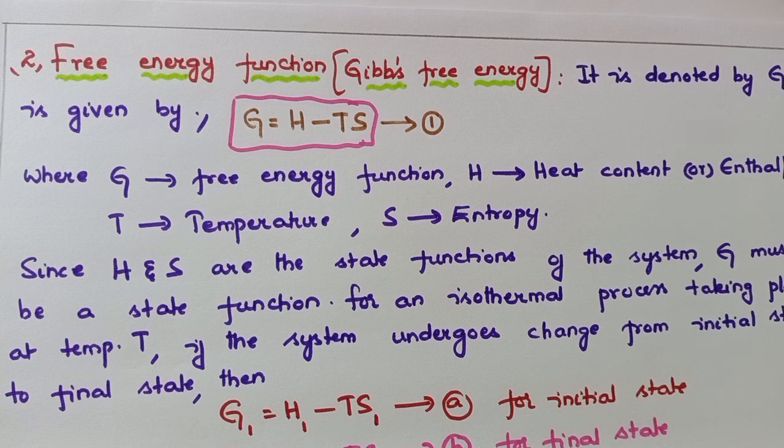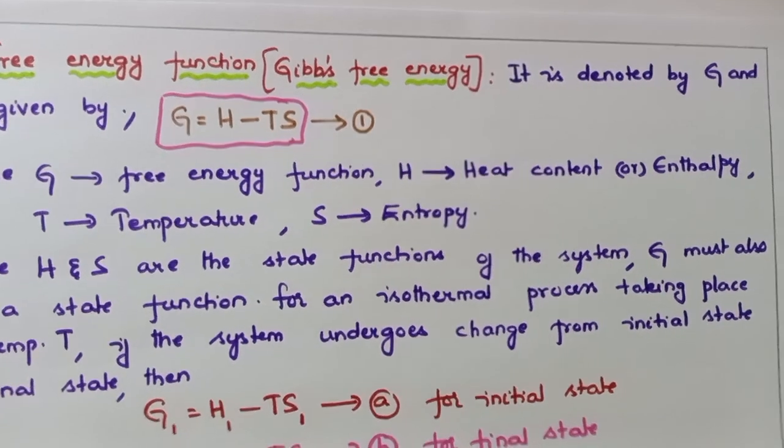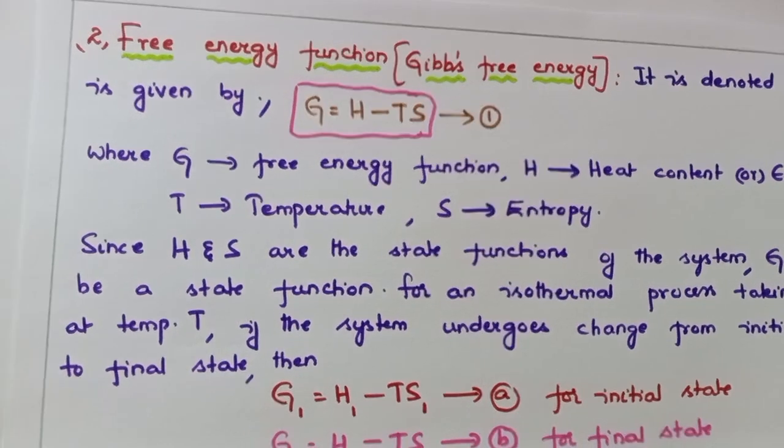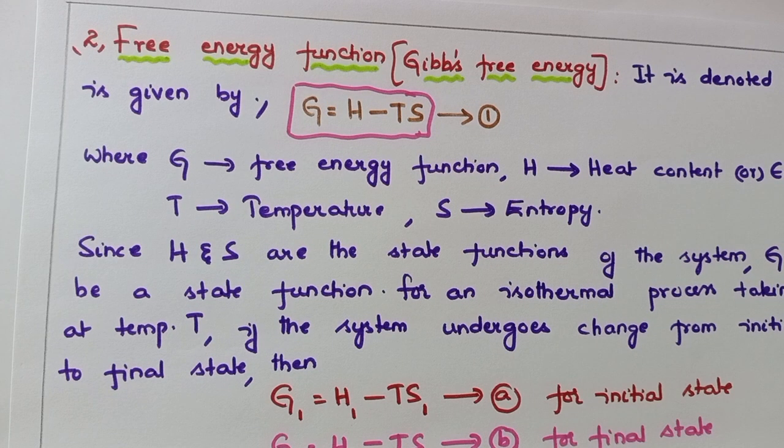Ready? Okay. Now, free energy function or Gibbs free energy is denoted by the letter G and is given by the expression G is equal to H minus TS. So, work function or Helmholtz free energy is denoted by the letter A, whereas Gibbs free energy is denoted by G. Mark it as equation number 1.